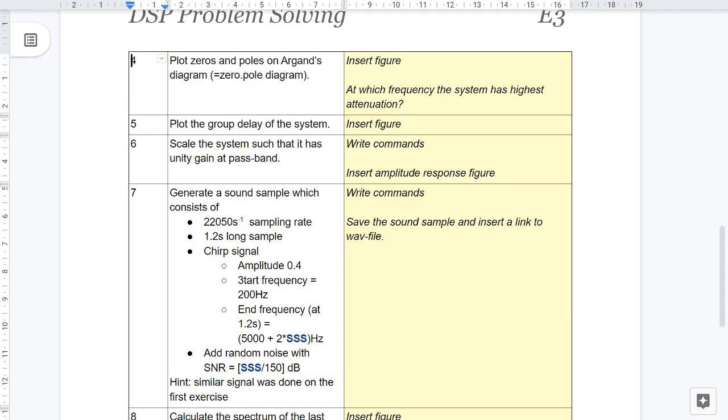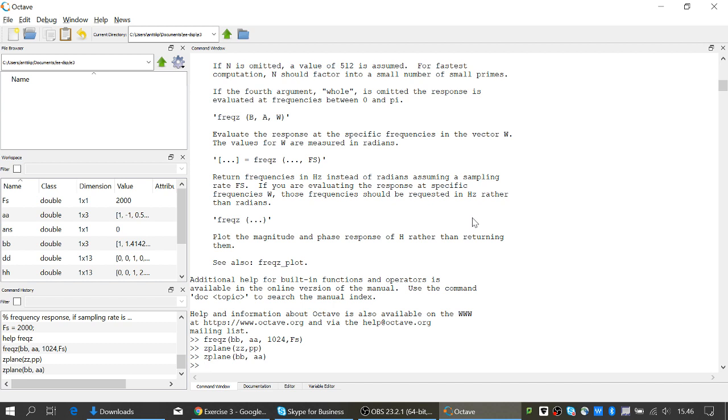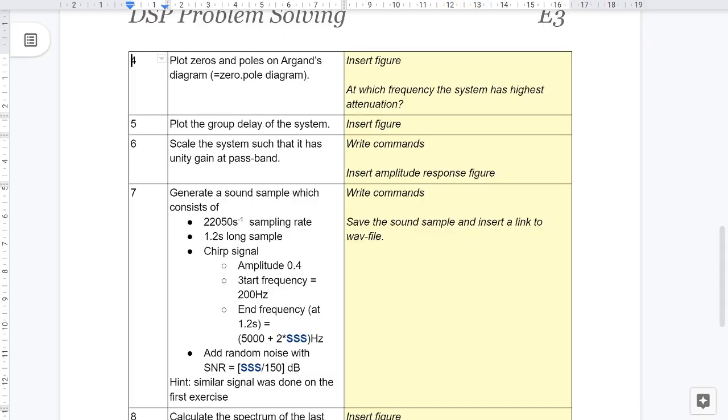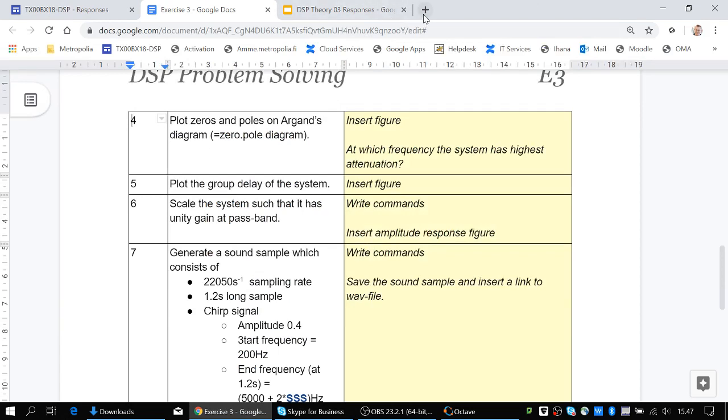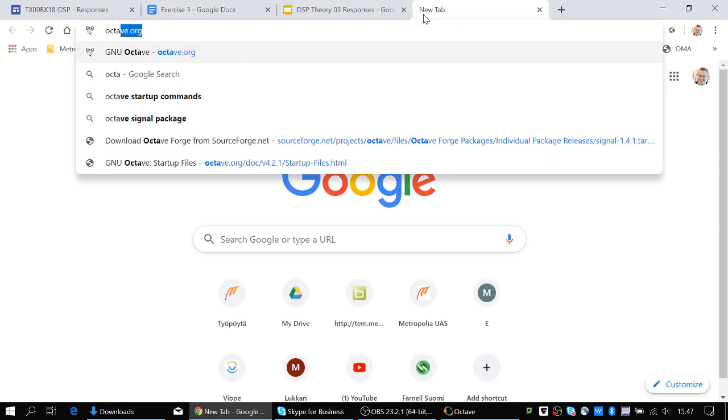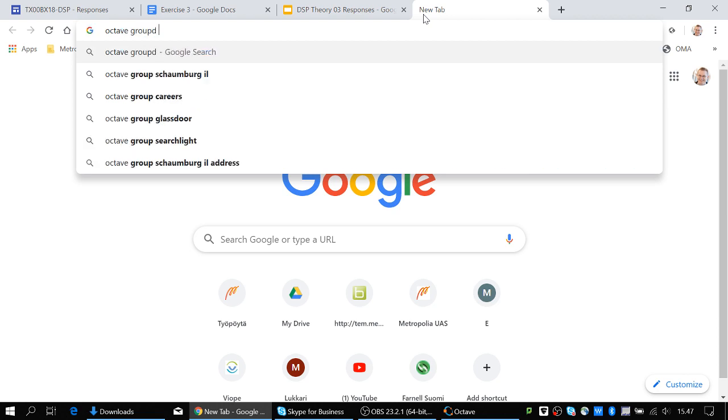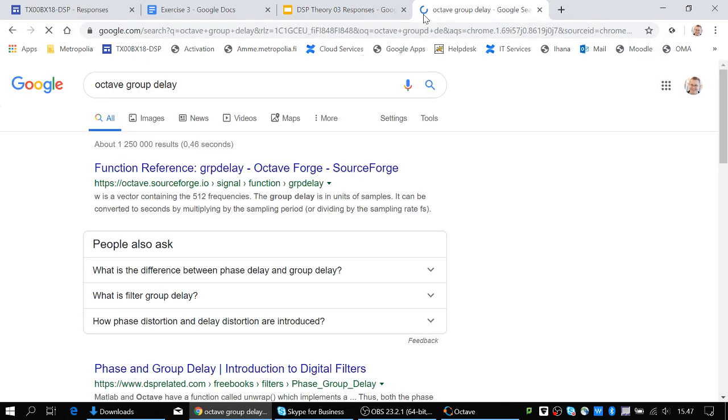All right. Then group delay. Okay, now I need to take a look at help. Group delay. Since I'm using Octave, grpdelay. I think this on MATLAB it's probably the same.